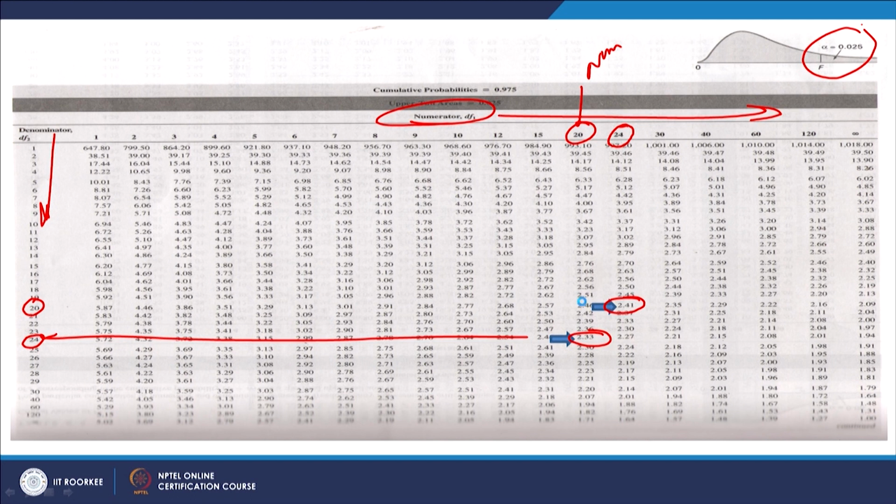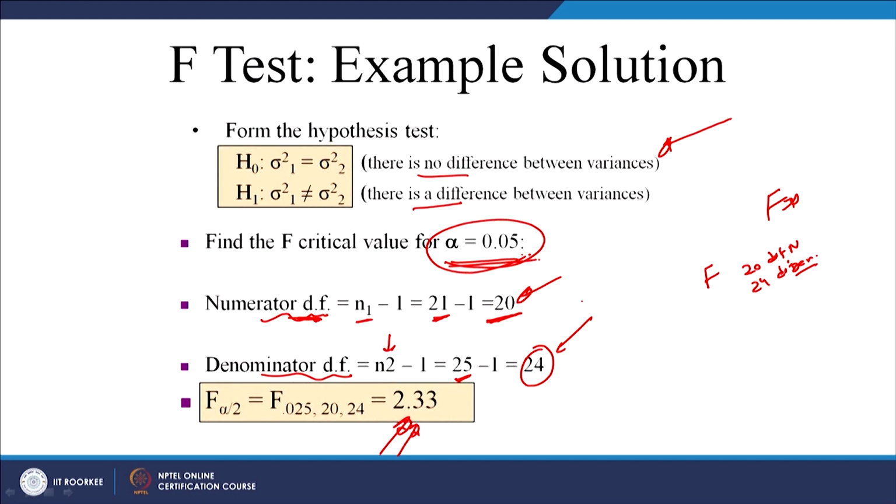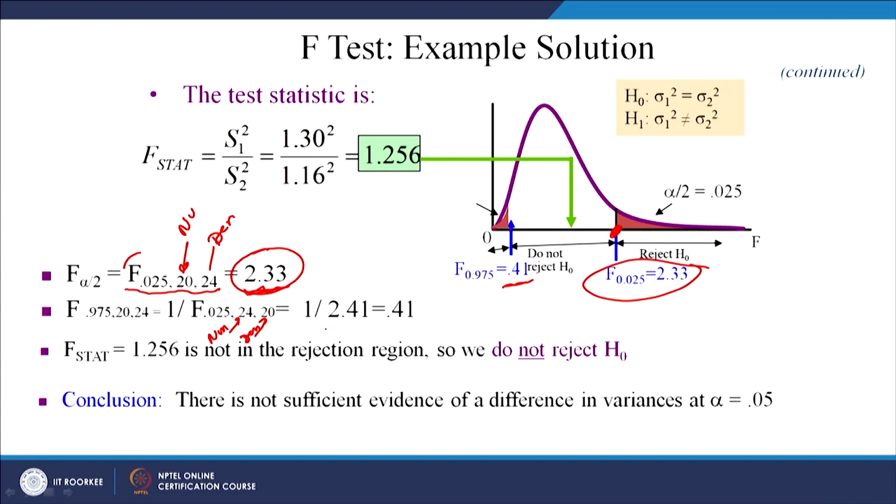So, 1 divided by 2.41 will give you the lower critical limit. Now you have to see whether this ratio is in this limit or not. If it is in this limit, we do not reject the null hypothesis, otherwise we will reject the null hypothesis.